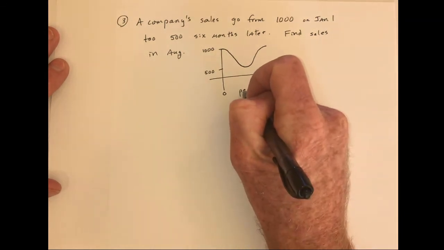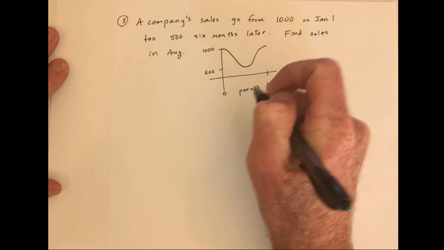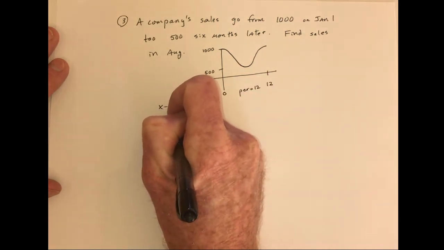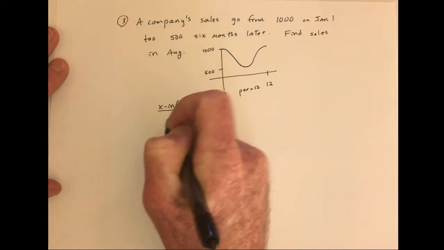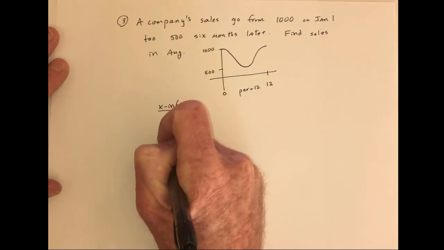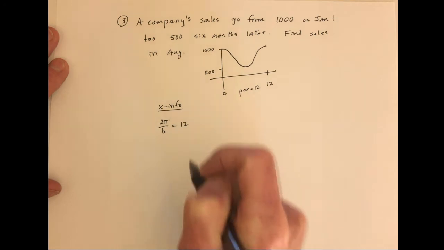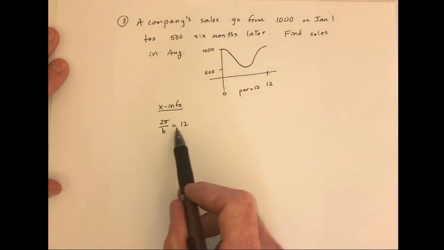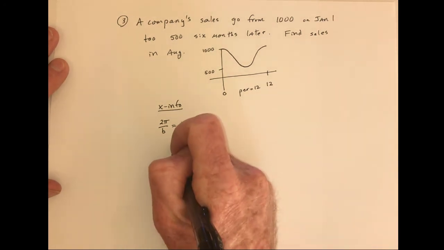So for this, the period is equal to 12. So 2 pi divided by b is equal to 12. And again, these two can switch places.